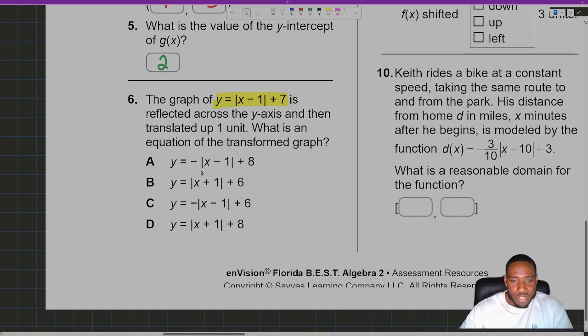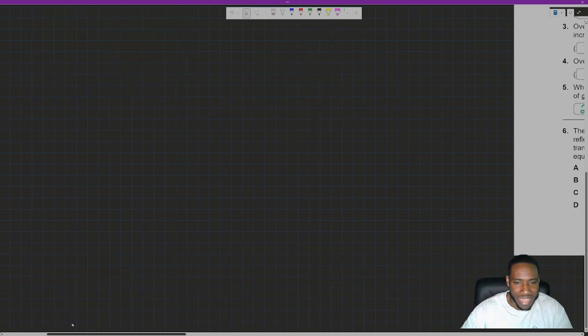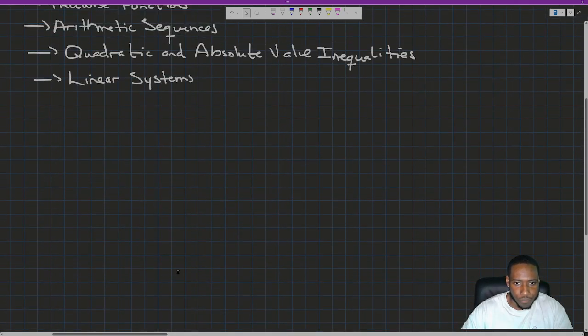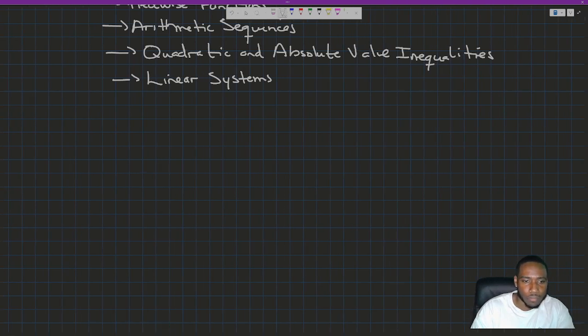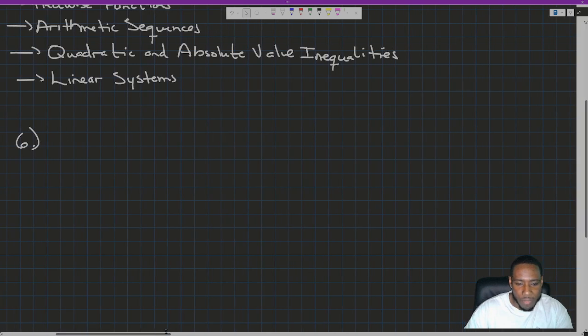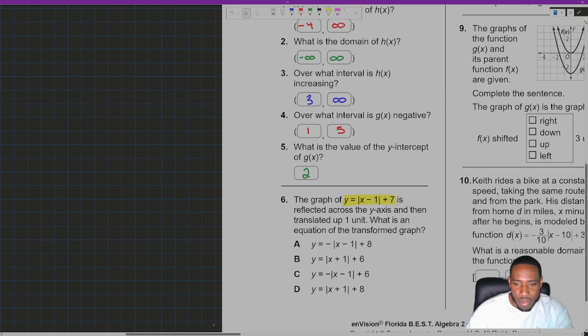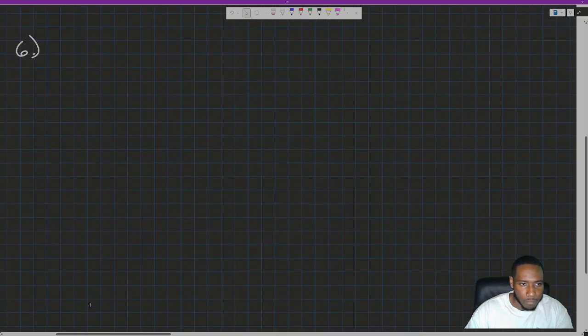So let me start by just sketching a rough graph of this function, and I'll do that over here to the left. This is where that notebook paper is going to come in handy. And so I'll label this number 6. And so for number 6, again, they're giving us this function, absolute value of x minus 1 plus 7.